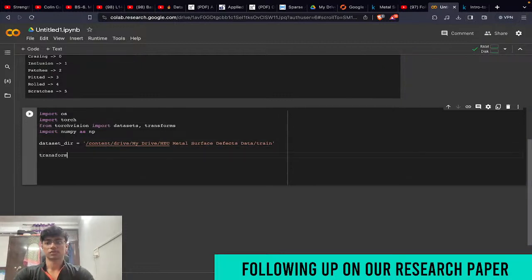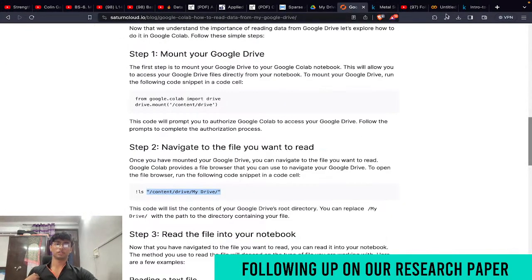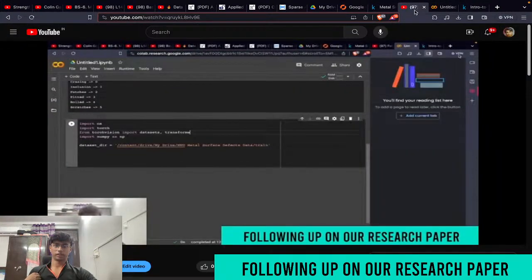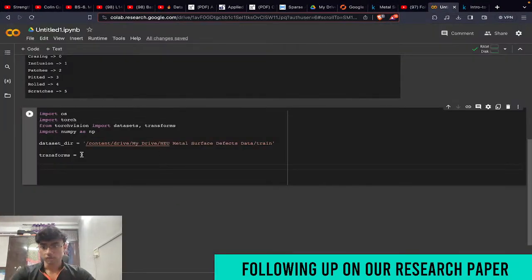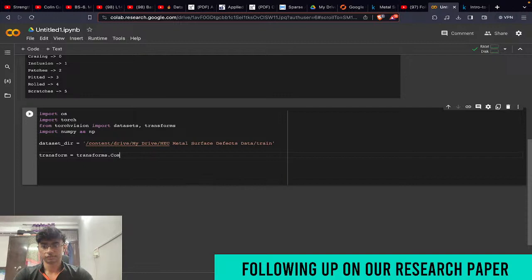Make some transforms. Import transforms. So we'll do transforms.Compose, right?